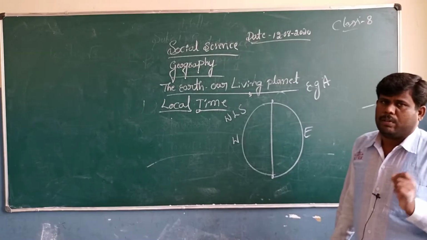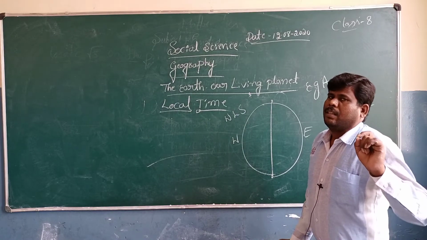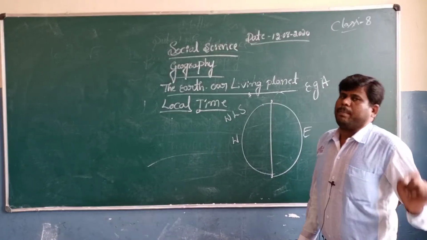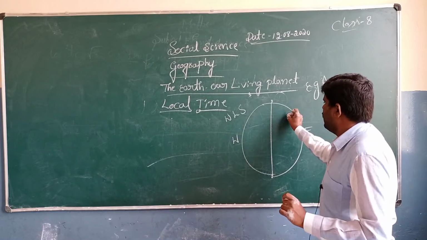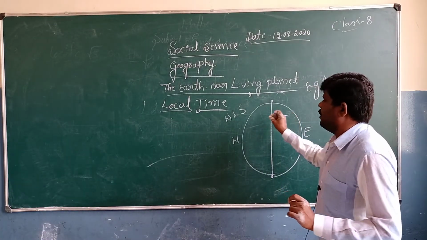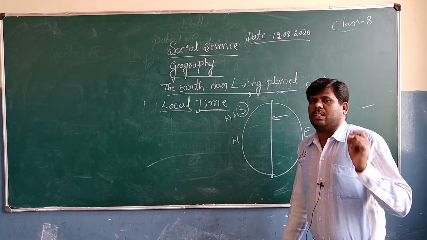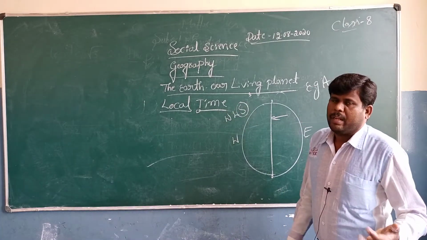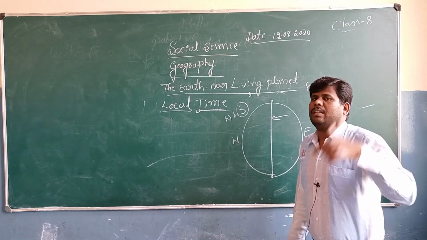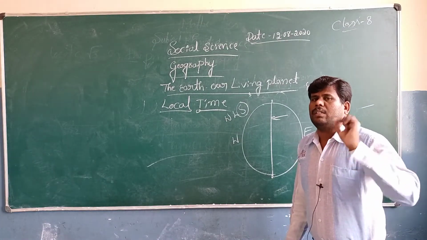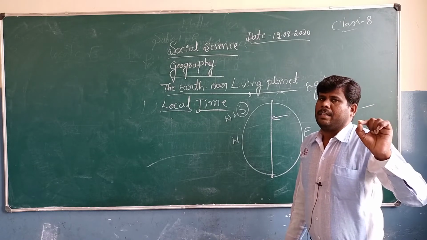If you cross this line from east to west, what steps will you take? Subtract, which means you lose a day. At the next step, if we cross this line, we all think that it is Tuesday.